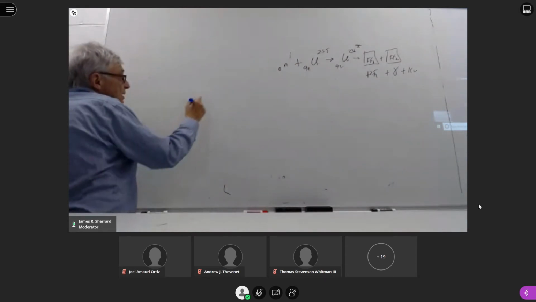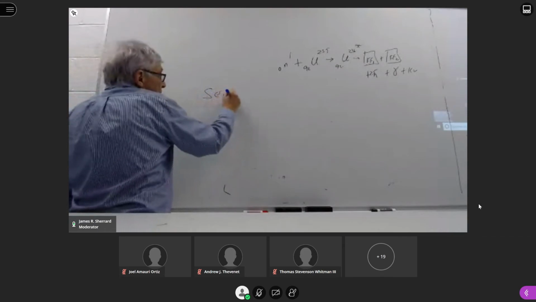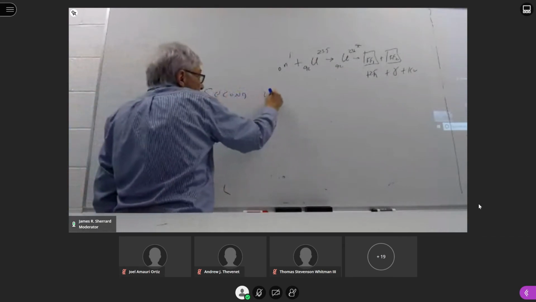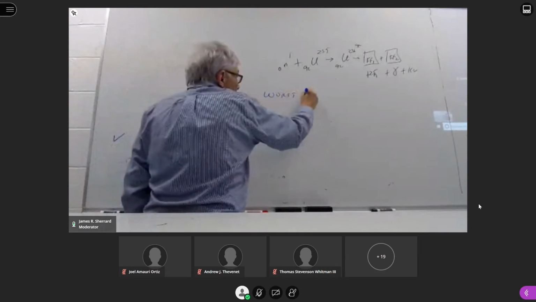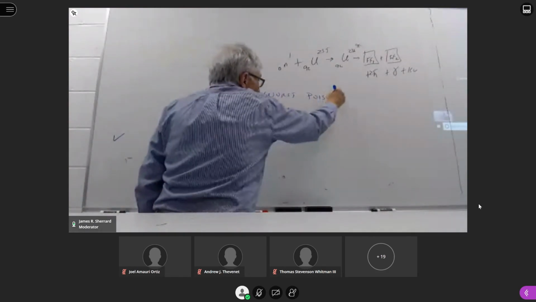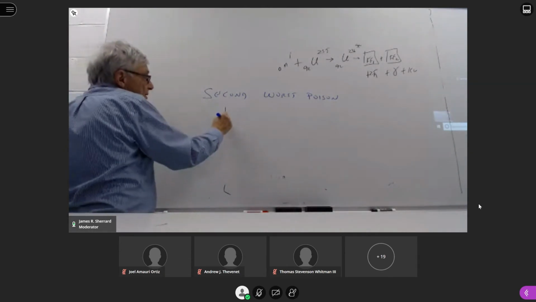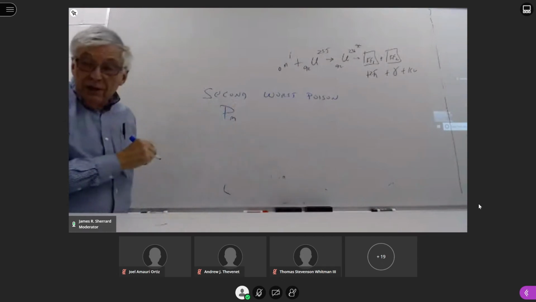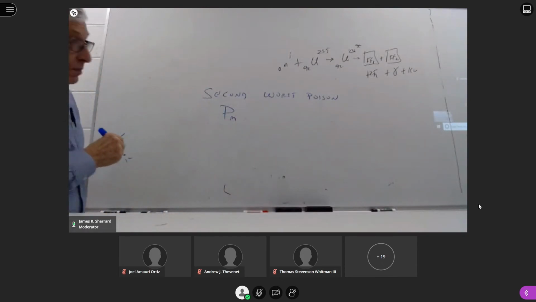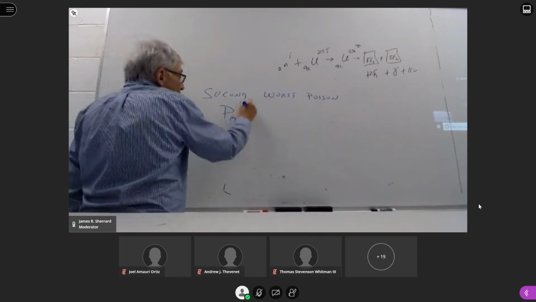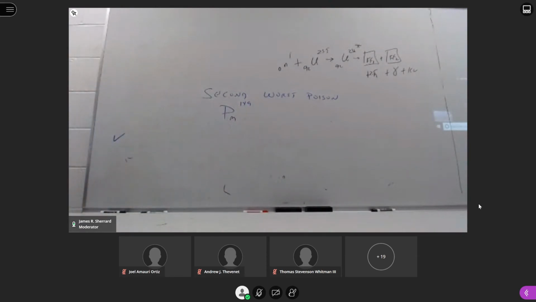The second worst poison, does anybody know what that one is? That one is Promethium 149.